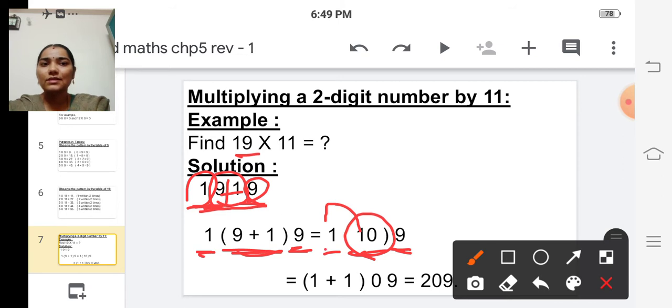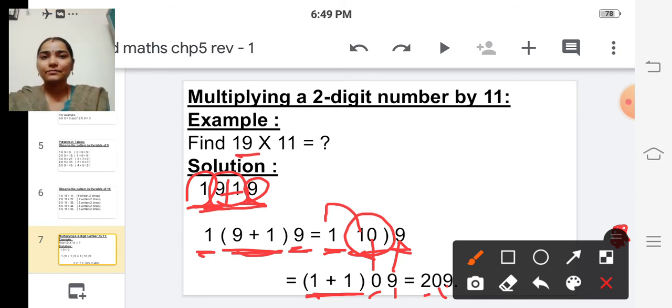Okay. So this number becomes 1 plus 1. And write this 0 as it is and this 9 as it is. Okay. And 1 plus 1 is 2. And write this 0 as it is and 9 as it is. So we got the answer 209. So without multiplying we have got the answer.